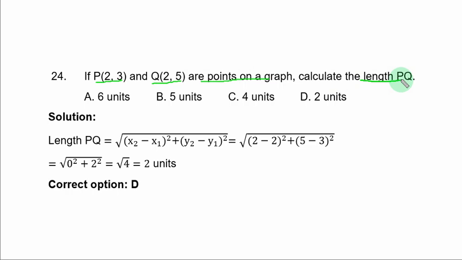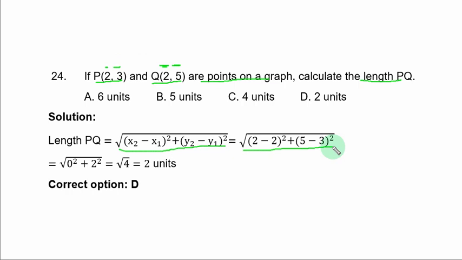The length PQ is the distance between P and Q, and it can be calculated using this simple formula, where x1 is 2, y1 is 3, x2 is 2, y2 is 5. If you insert the figures to the formula, you have it in this form.